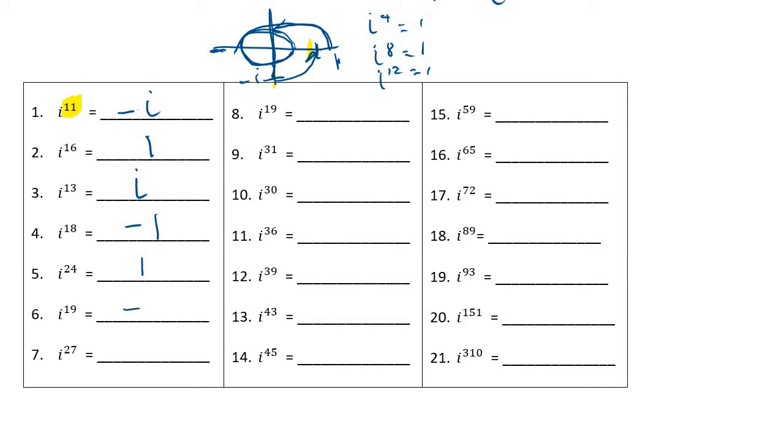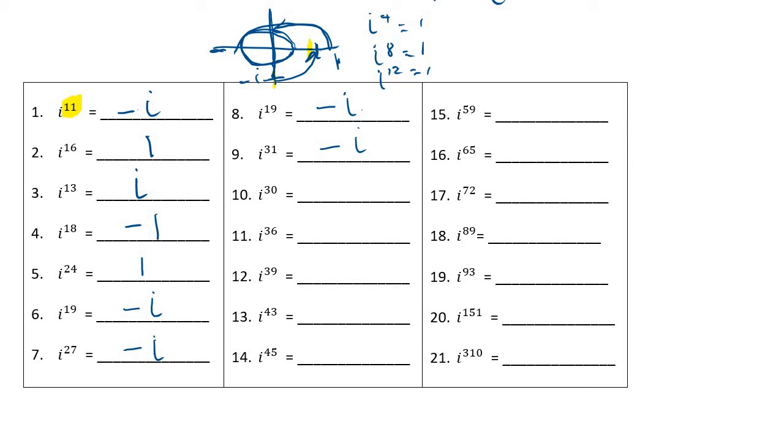So that will give me -i. And then 27 is 1 less than 28. That's also -i. 31 is 1 less than 32, that's -i.